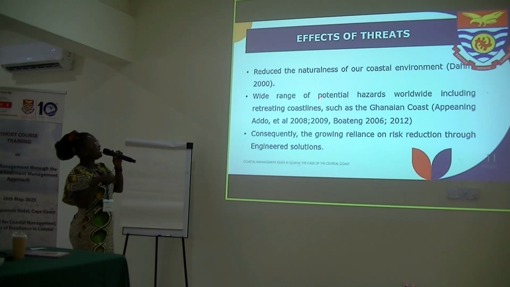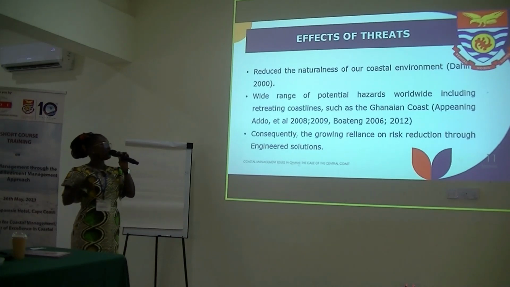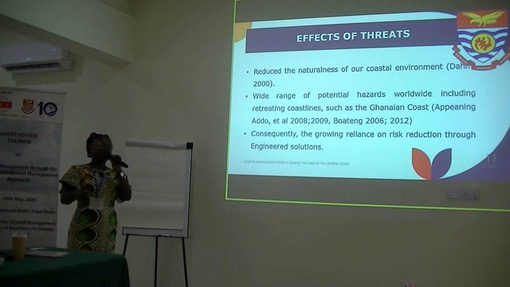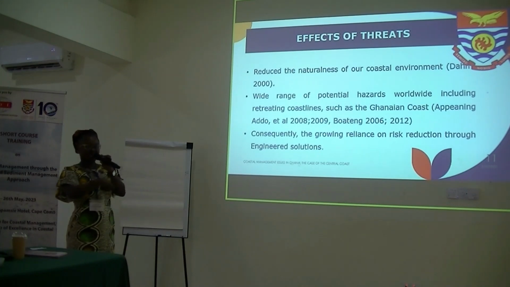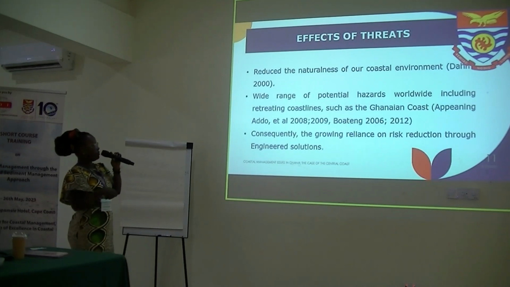Then we also see a whole lot of potential hazards, including retreating coastlines. And so Appiah-Adu and Boateng, they have all spoken about the fact that the Ghanaian coastline is retreating. And even the image that I showed also shows that the central coastline itself is also retreating.